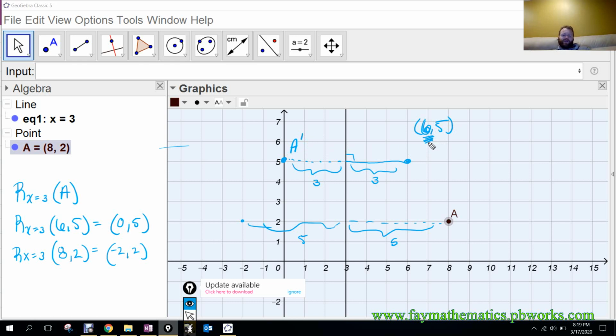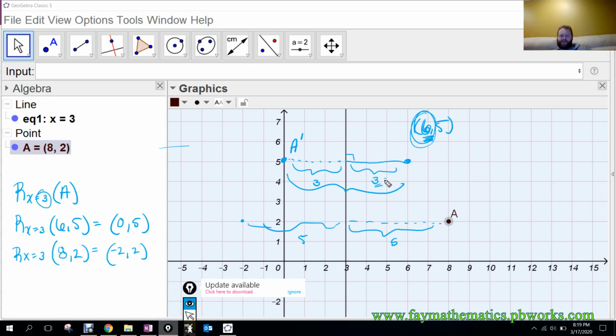Well, where does the 6 that I subtract from come from? It's that distance there. But that distance is found by taking that number minus that number. Would have given me 3. Now I know a lot of them are 3's here, but 6 minus the reflection line gives me 3.